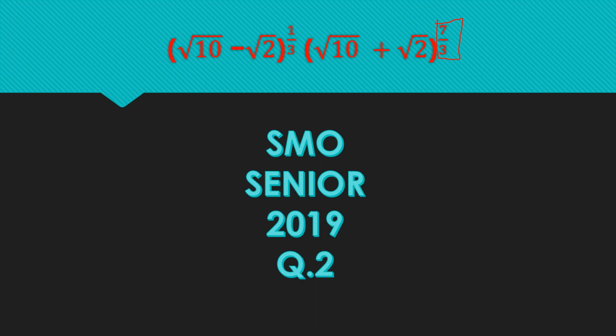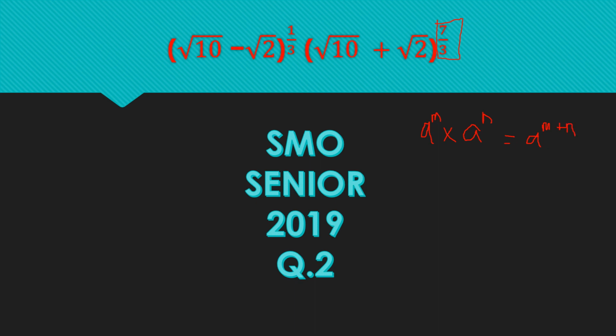So this is where I can use the rule a to the power of m times a to the power of n, which is equal to a to the power of m plus n.